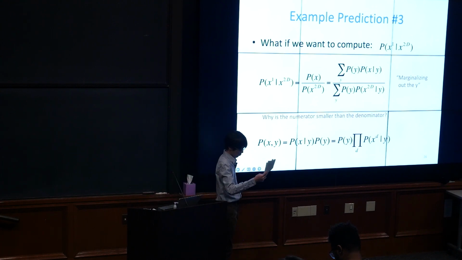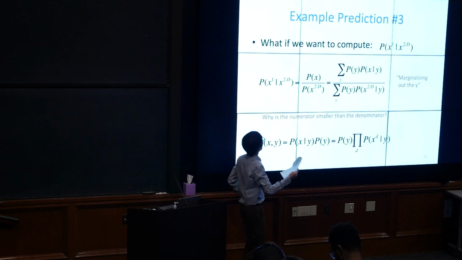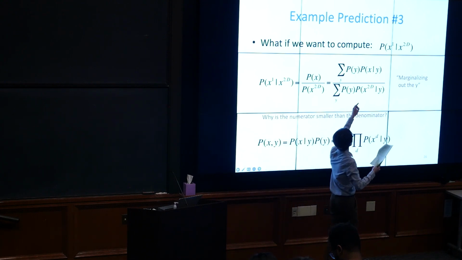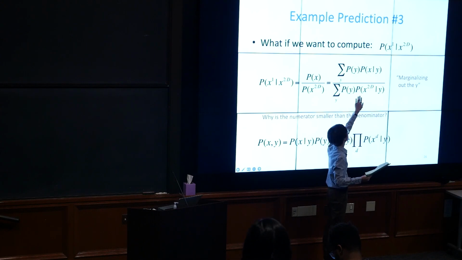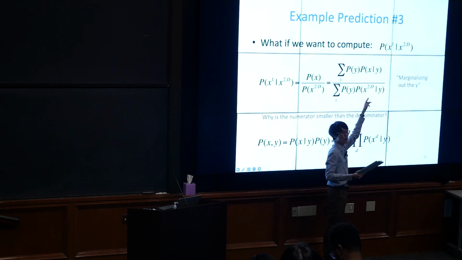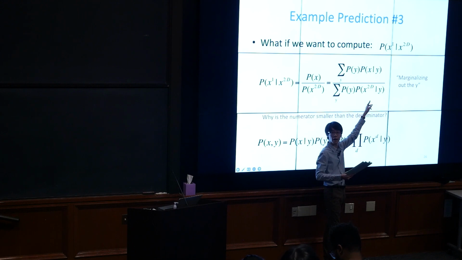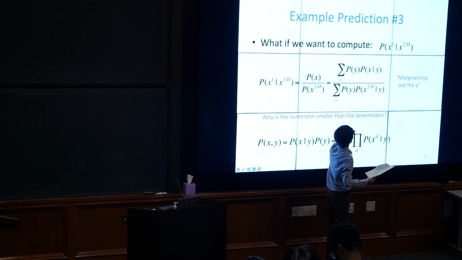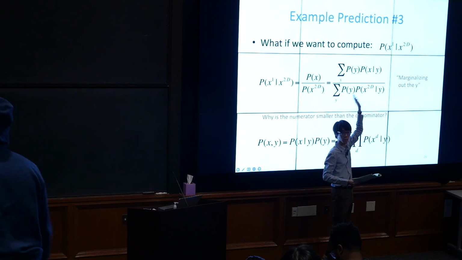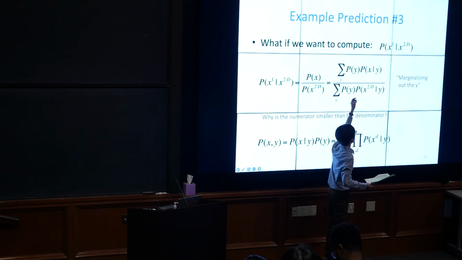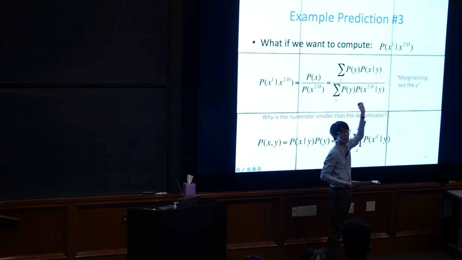He goes into the fact that p of x given y is a product, and at the bottom here we have that same product, but it's missing one value, the first x element. Why is that smaller than this? Because it has to be: we know the probability of x1 given y has to be less than 1.